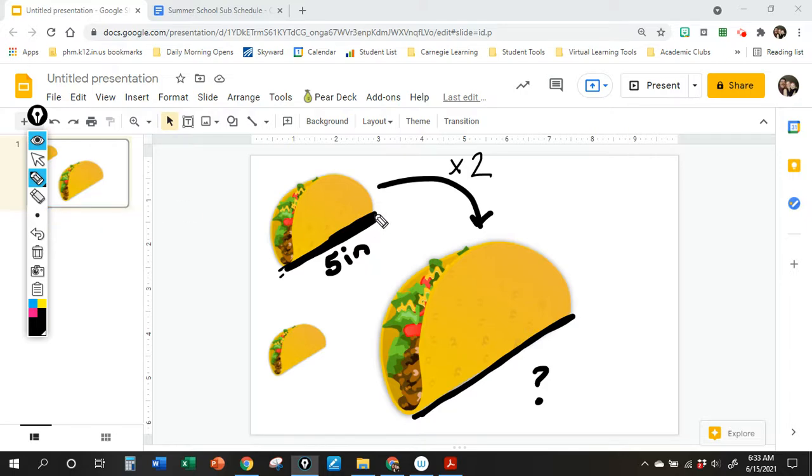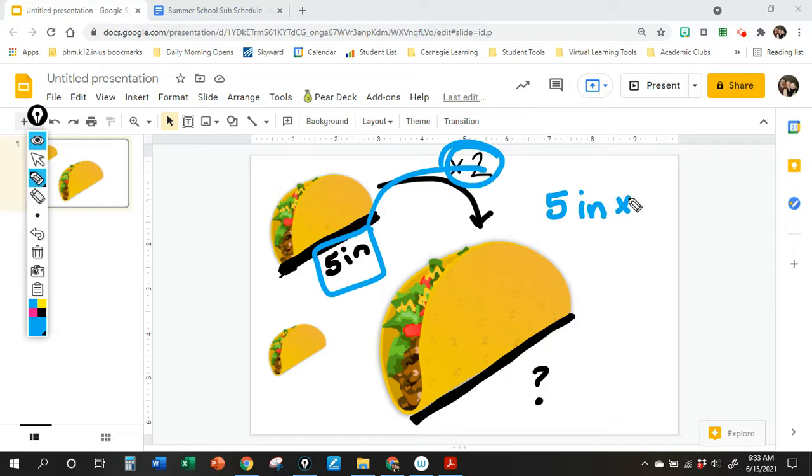So when I scaled up to this large taco from my 5-inch taco, how big did this guy become? Well, all I'm doing is taking my 5 inches and multiplying it by my scale of 2. So I have 5 inches and I'm scaling it up by 2. That means that this taco right here has to be 10 inches long if it's scaled up by 2.